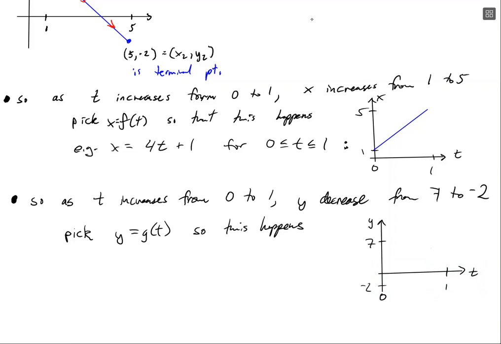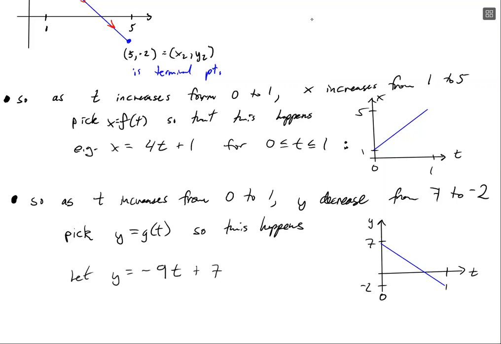So what does a formula for that line look like? Let's say y equals, my slope there will need to be negative, and we're dropping by 9 units, so -9t, and my y-intercept is 7. So it looks like that.